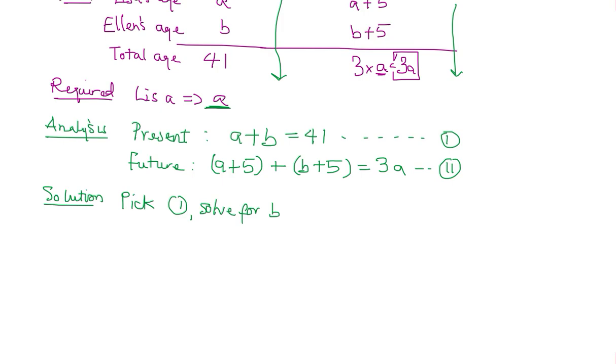So to solve for B in equation 1, we know that equation 1 is A plus B is equal to 41. Therefore, to solve for B, you're going to move A to the other side.